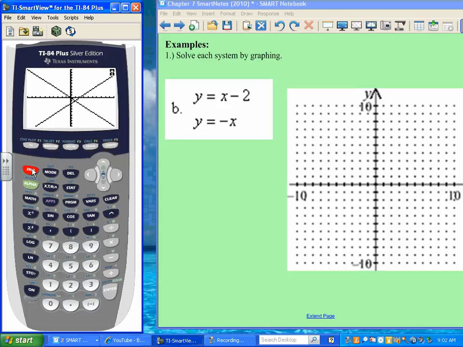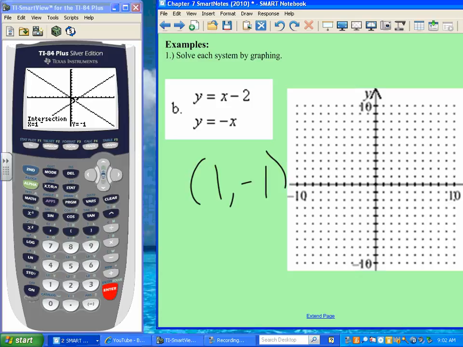Good, second trace. And then what number do we go to, Zach? Good, go to 5. And then hit enter 3 times. 1, 2, 3. I think some of your calculators maybe 4 times. Does anyone have to hit enter 4 times? No? All right. So the answer here is 1, negative 1, which means that is a linear combination to both of these. That is the solution of both of the equations.